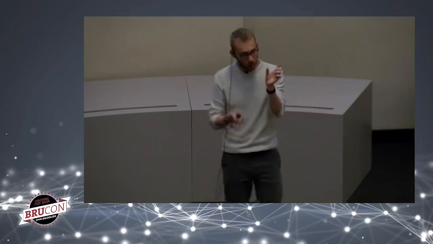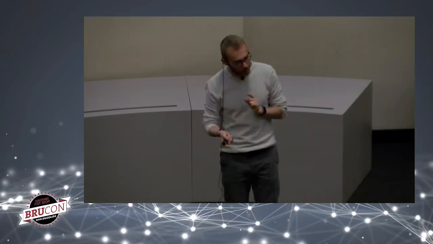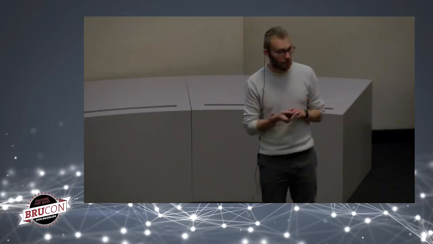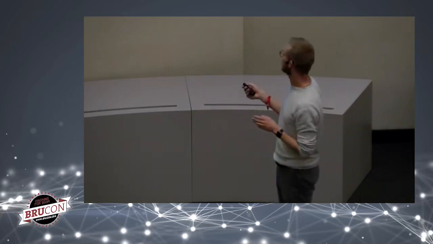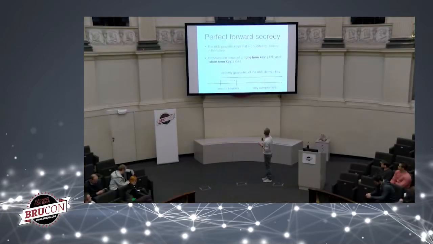So the long-term key does not contribute to the key derived from this key exchange. And if we have that, we have perfect forward secrecy, because the data used to create this key will be completely independent of the long-term key.